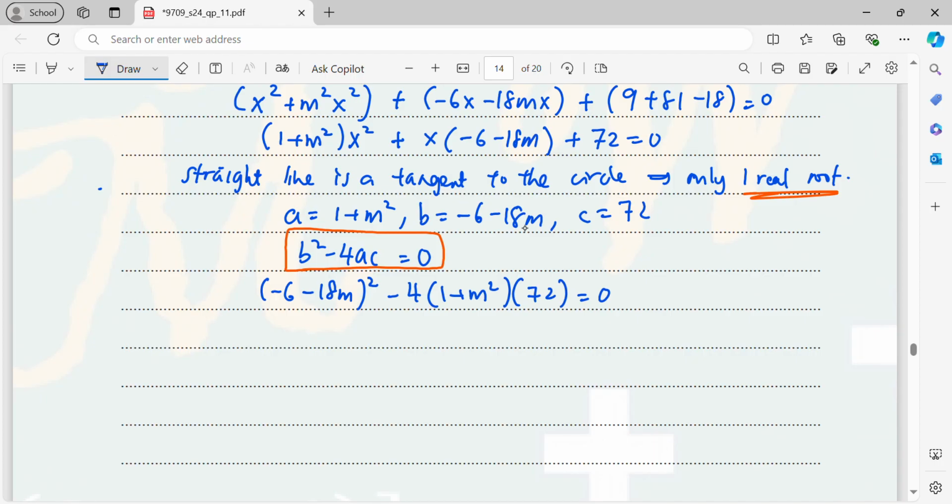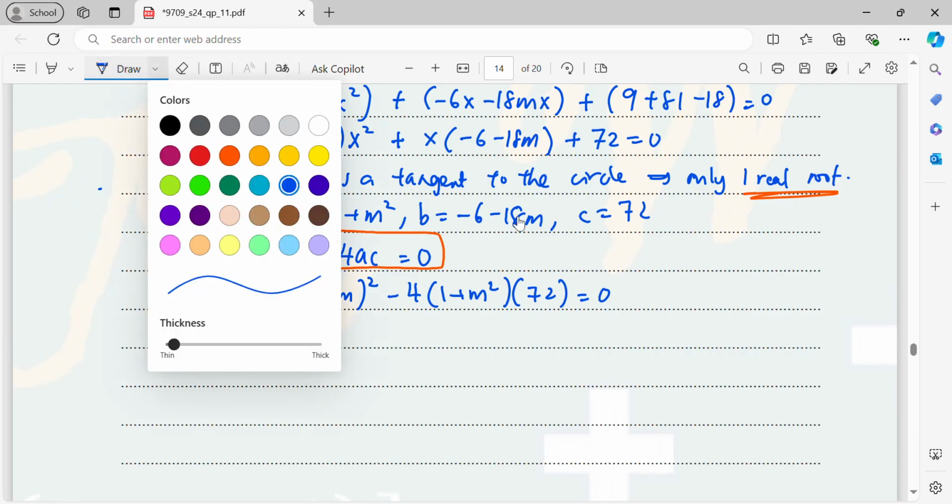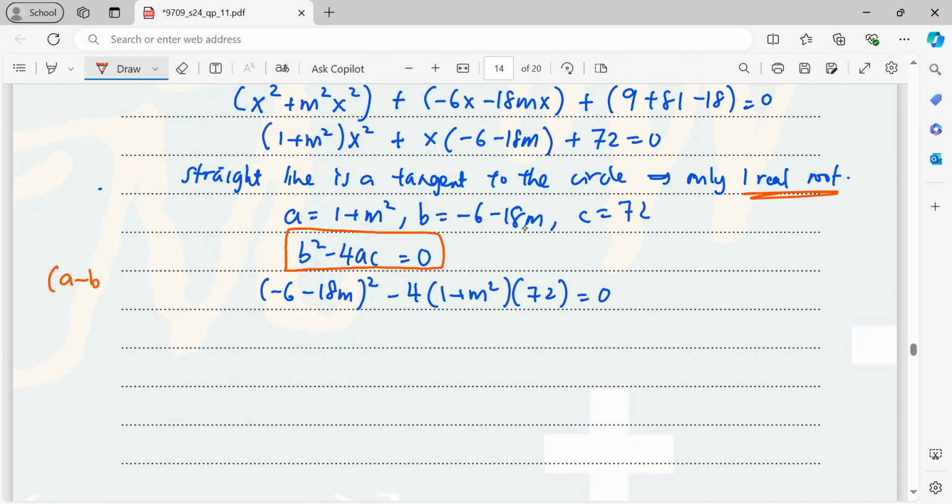And now here, right, you need to do expansion. So you square the minus 6. So again, use quadratic expansion: a minus b squared equals to a squared minus 2ab plus b squared. So I square the minus 6, that is 36. Okay, so minus 6 times minus 18m times 2, then you will be getting 216m.